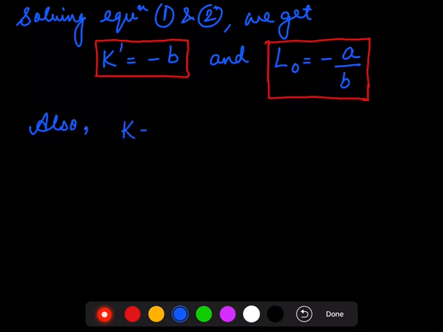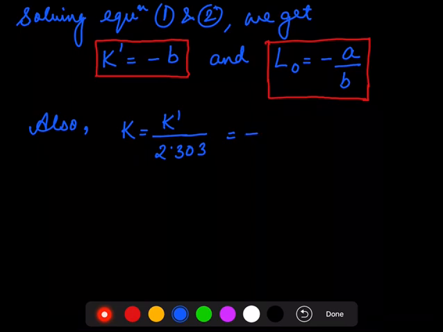And also you know this k equals to k dash by 2.303. So if you know either k or k dash, you can find the other one also. In this case we know how to calculate k dash, so we can easily find k, which equals to minus 0.434 b.